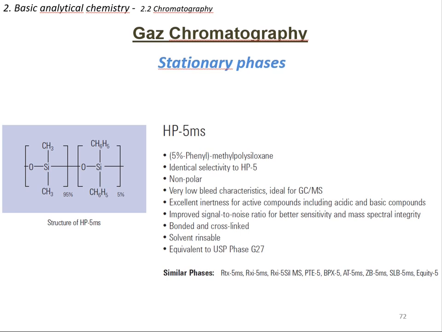Of the functions, 95% are methyl polysiloxane and 5% are phenyl siloxane, where instead of CH3 you have C6H5. It's a nonpolar column. In 5MS, the 5 is for 5% phenyl, and MS means it has been treated so that there is low bleeding. It means that it will be very resistant to high temperatures.